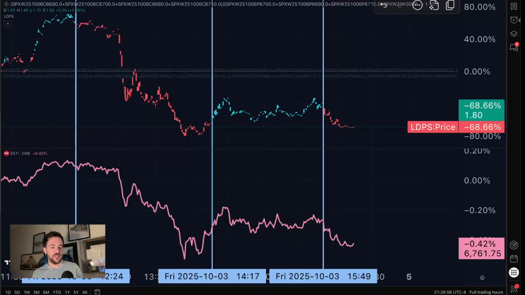I'm going to drop the symbol list down in the description, and you can go look at it yourself. If you look on your own, you'll see that it's really just the sum of the 0 DTE calls over the 0 DTE puts that have a delta range of 0.25 to 0.75.